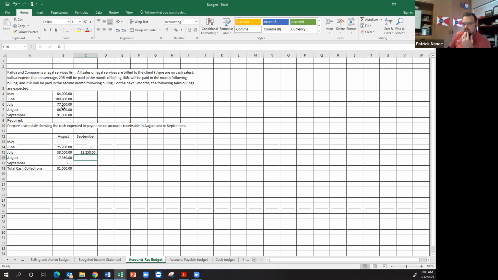August: I'm going to get 20% in August, 50% in September, so 0.5 times August numbers gives me 43.4. September is the month of billing, so I'm going to receive 20%, so 0.2 times September.